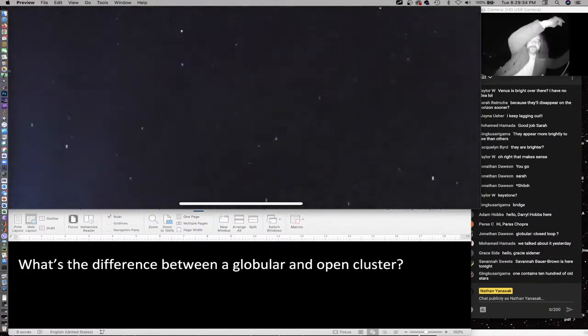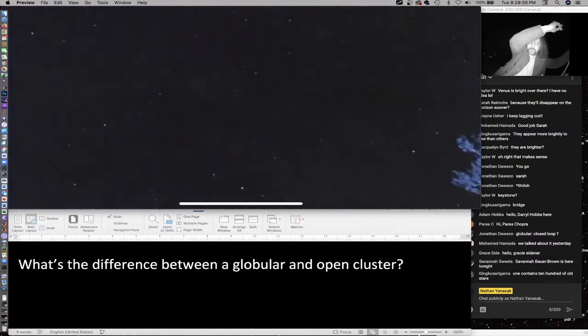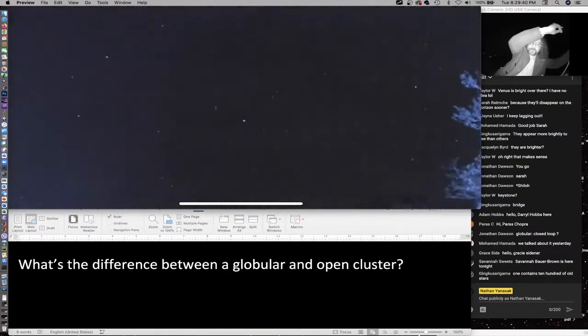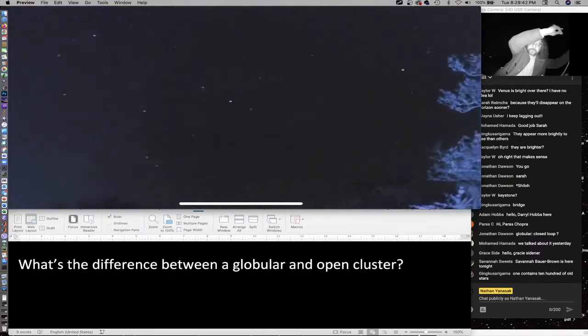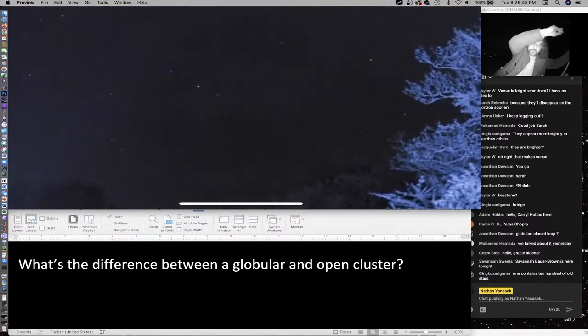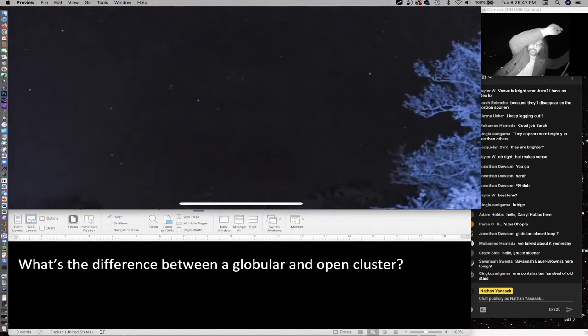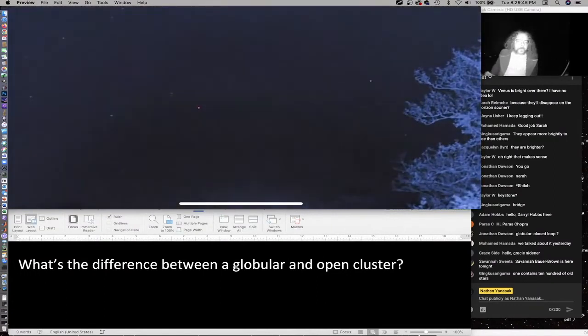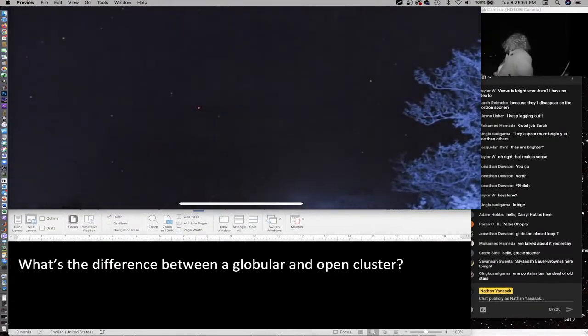Let's see if we can see the Little Dipper. The Little Dipper can actually be a little bit difficult to visualize. I got to look away from my screen to see if I can see it.